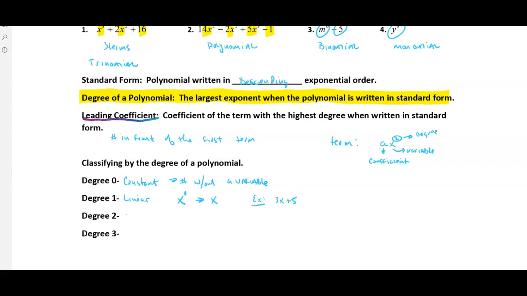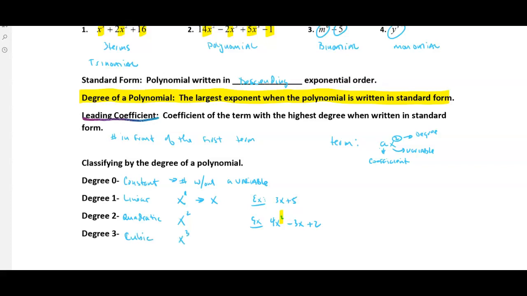Degree 2 we call quadratic. That's when the highest exponent is 2. An example of this would be 4x squared minus 3x plus 2. If I look, the highest exponent is 2, which makes it a quadratic. And if it's a degree 3, we call that a cubic.